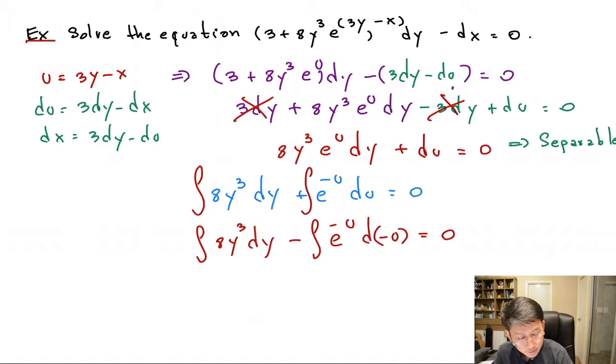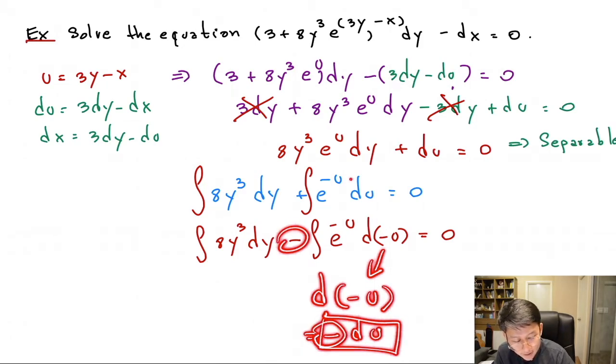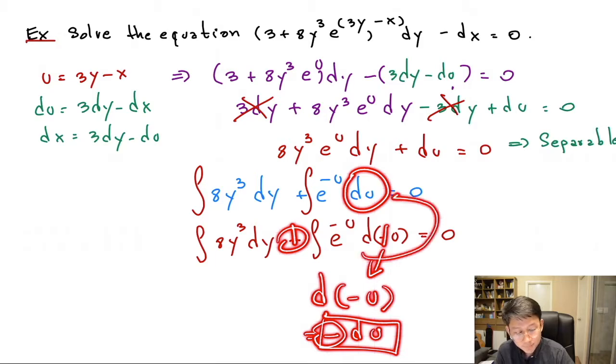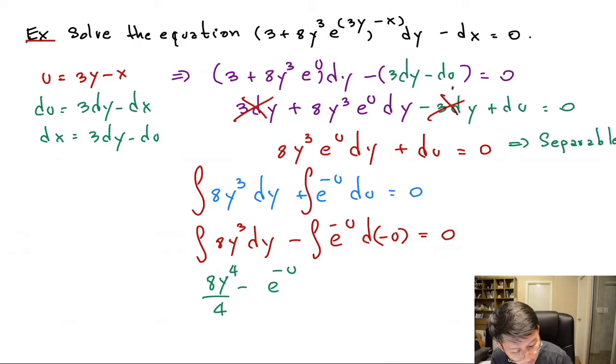Guys, don't forget d of minus u is actually minus of du. So if you have minus of du, and you have another minus here, you recover du. This minus here and minus here cancel out, so you get the same problem. So let's integrate it. I would have 8y to the 4 divided by 4 minus e to the minus u equals 0.